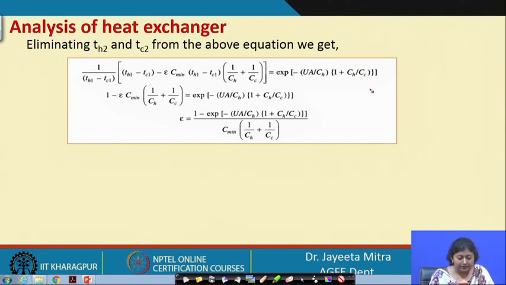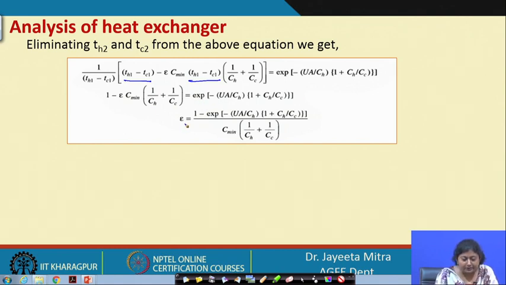Now from this we can calculate if we take Th1 minus Tc1 common. So this will be cancelled. So, 1 minus, okay. We are taking this factor Th1 minus Tc1 from here and here, so this will be cancelled. So, 1 minus effectiveness into C minimum, okay, 1 by Ch plus 1 by Cc, this is equal to exponential of this term, right.